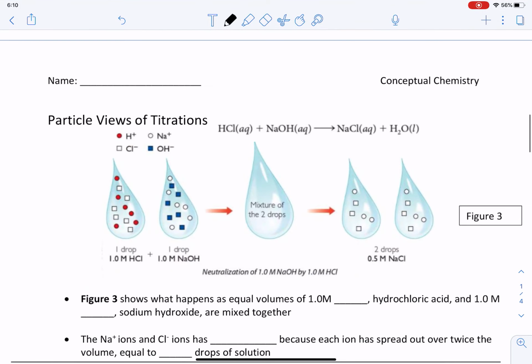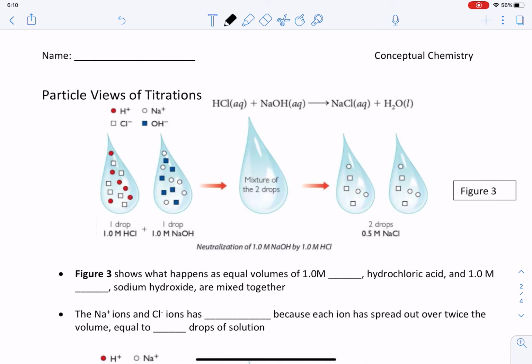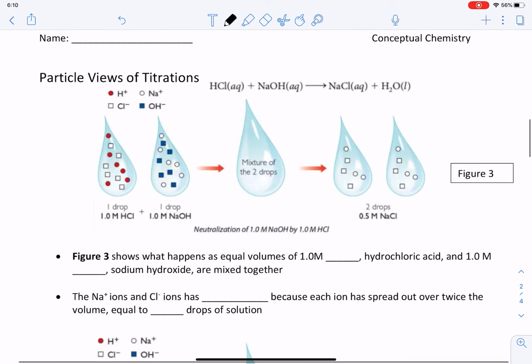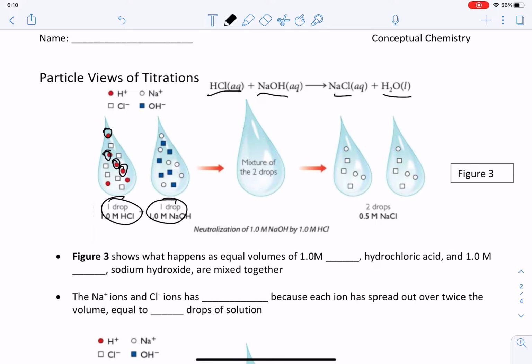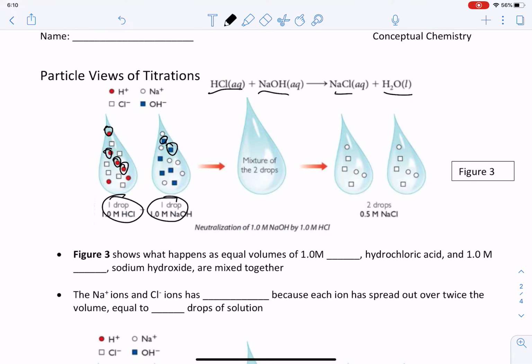Okay, so if we look at a particle view of titrations, we have this equation: hydrochloric acid plus sodium hydroxide turns into sodium chloride and H2O. So if we say we take 2 drops, one that has hydrochloric acid, and those are our acid particles, our protons, and we have a base drop of sodium hydroxide, where the blue is our hydroxide ions. We have the same amount, 1 molar molarity for each one.